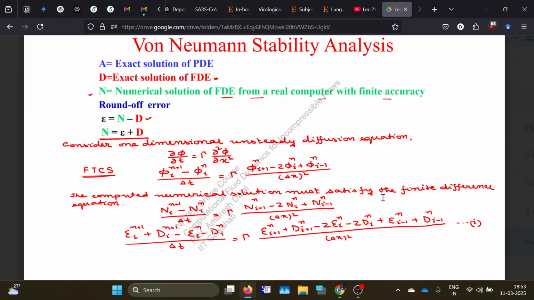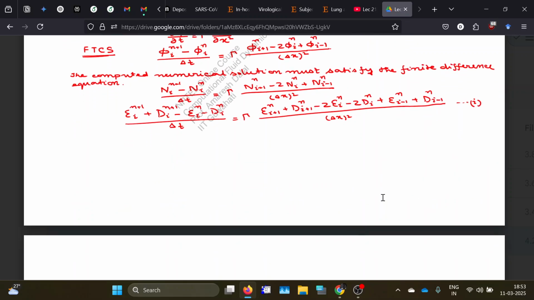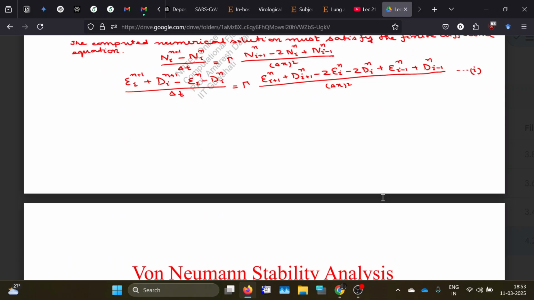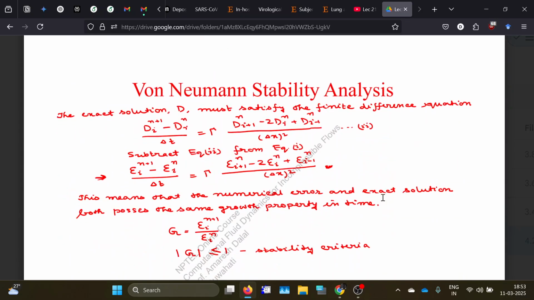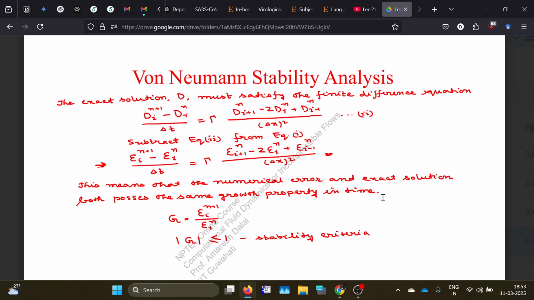We can write N equals epsilon plus D, and it was told that because this numerical solution will obviously satisfy the equation, we put it here. This much I understand, but at the same time D, which is told to be the exact solution, that also will satisfy this equation. How does it make the difference? The numerical solution will also satisfy the equation, and this will also satisfy this. So what's the definition of a solution?